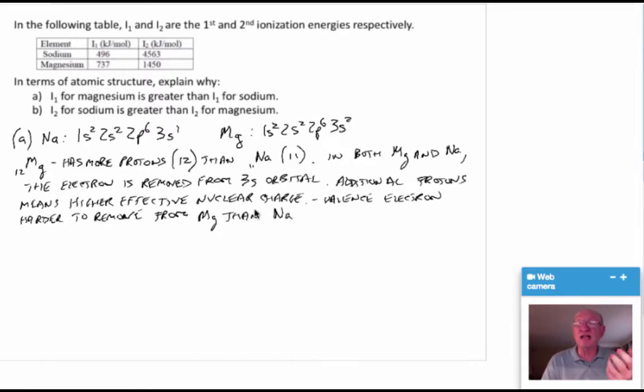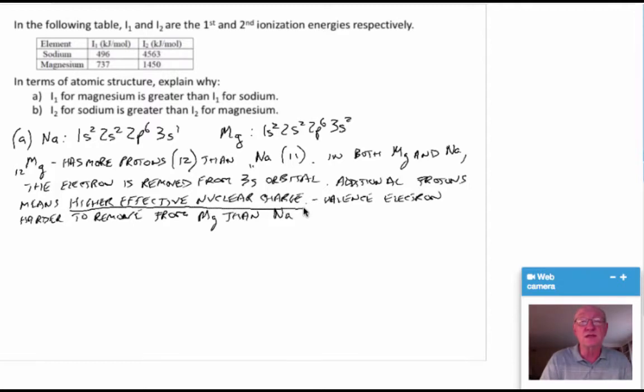You got 12 positive charges that are holding on to those electrons, okay? The 3s electrons are relatively the same distance from the nucleus itself. If you have a higher nuclear charge, that means that they're going to hold on to those outside electrons a little bit more dearly, okay? If you have a decreased number of protons like you have in sodium, you have one less, then you don't have as much of an attraction over here, so it's easier for that electron to come off if you apply enough energy. So that's the reason behind this. It's effective nuclear charge, higher effective nuclear charge.